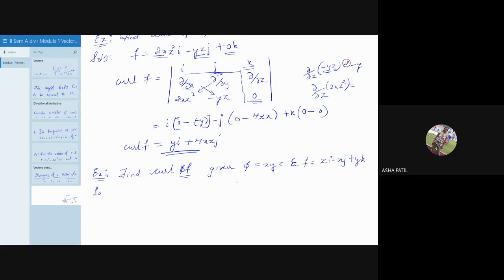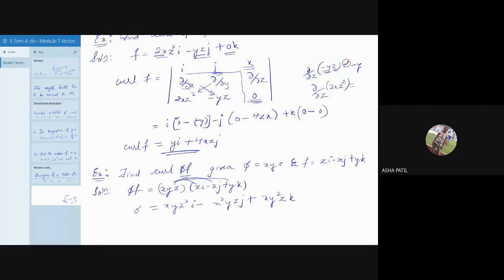First, let us find what is phi f. Phi is a scalar quantity, f is a vector quantity. It is just scalar multiplication of a vector: zi minus xj plus yk. If you multiply this, we'll get x y z square i. Again, we'll multiply the second term, minus x square y z j, and the third term, we have x y square z k.